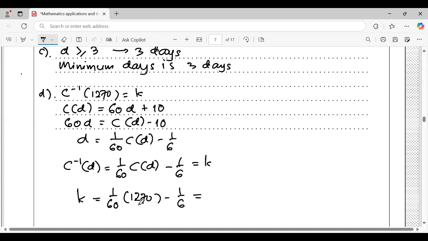If you multiply, this is 170 over 6. This is 126 over 6, and this is 21.